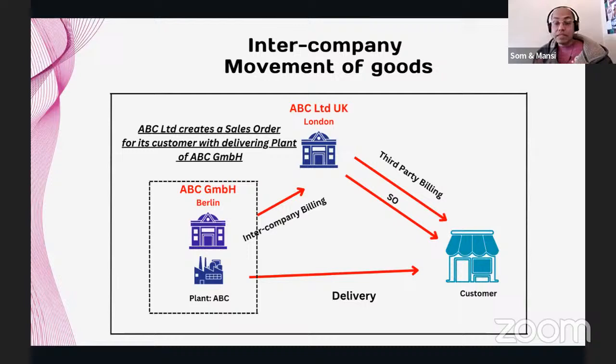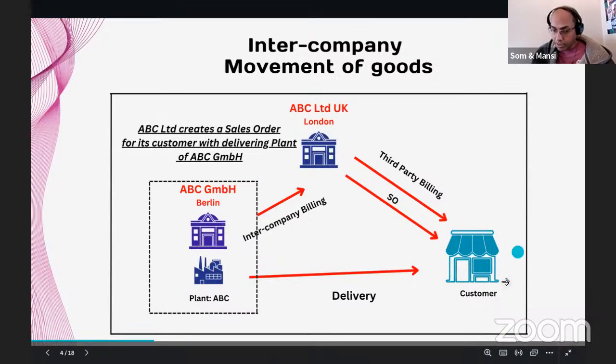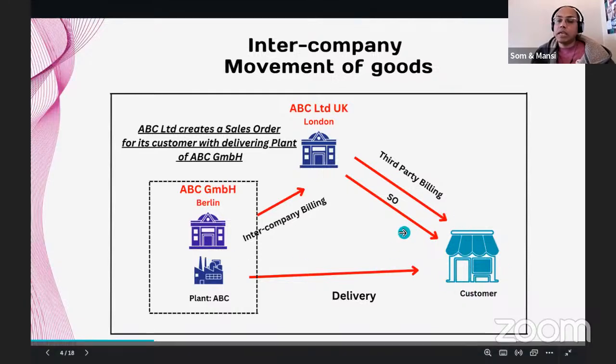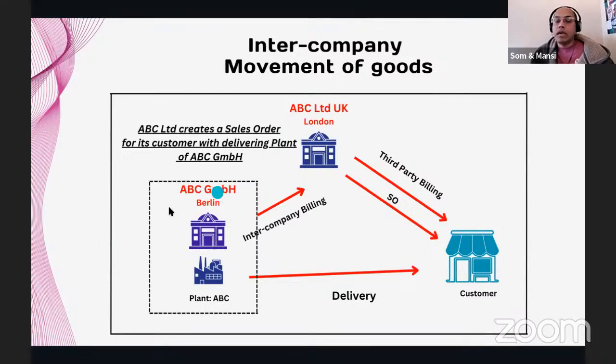So the delivery is happening from the German plant to the customer directly. However, the German entity is not going to bill this customer. Why? Because this customer is the customer of ABC Limited UK, not a German entity or ABC GmbH customer.